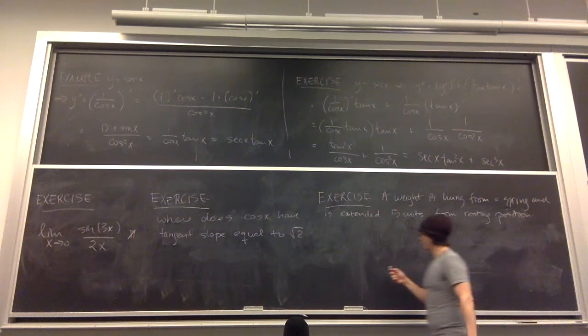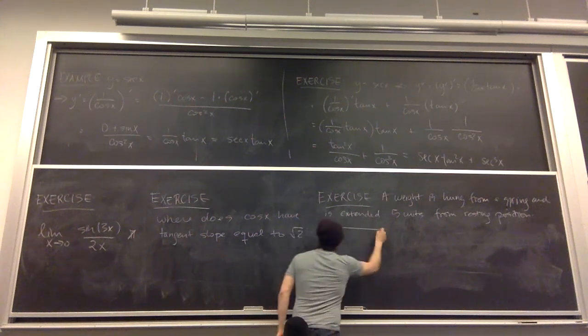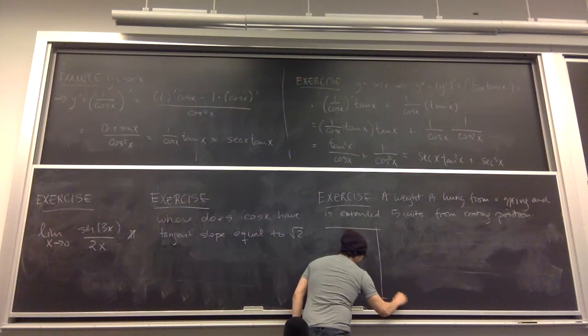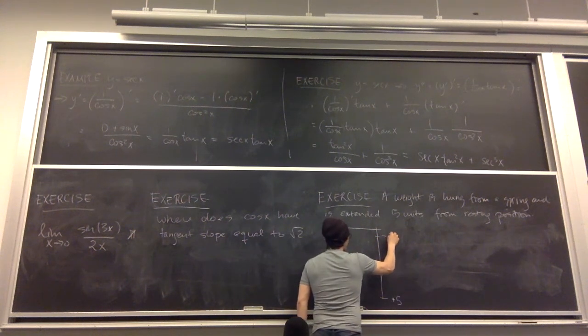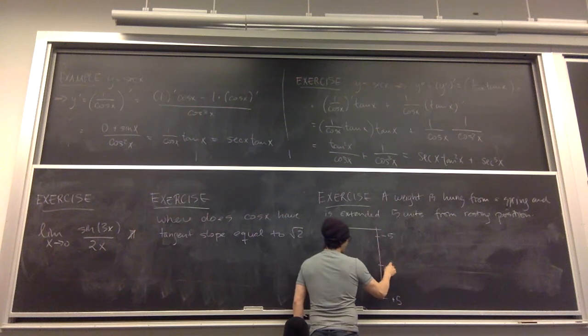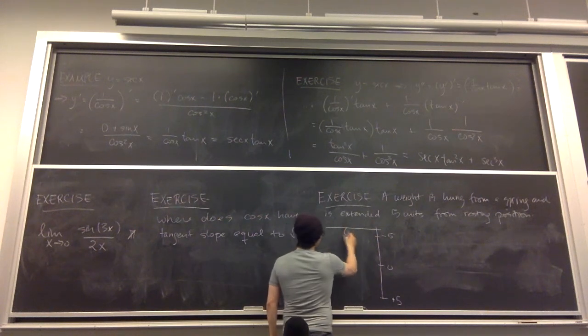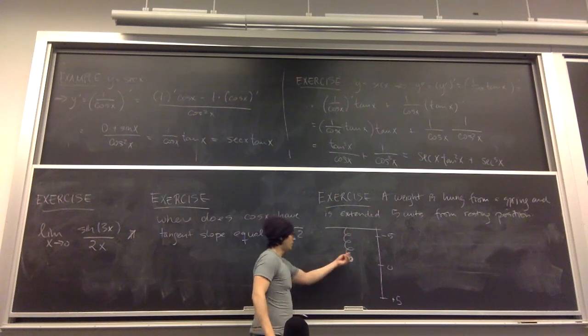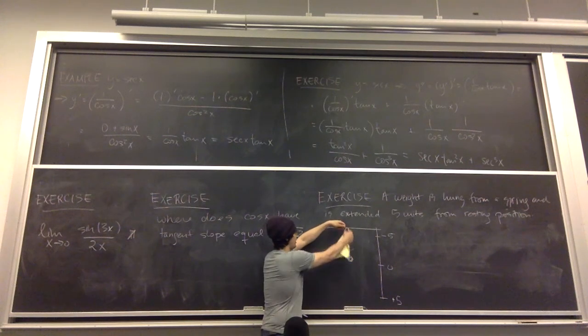Okay, so here's sort of the picture. Here's positive 5 down here. Let's call this minus 5 up here, and let's call this 0. So we're going to have a spring, and you have a weight. You put the weight on the spring, and the spring sort of extends to here.